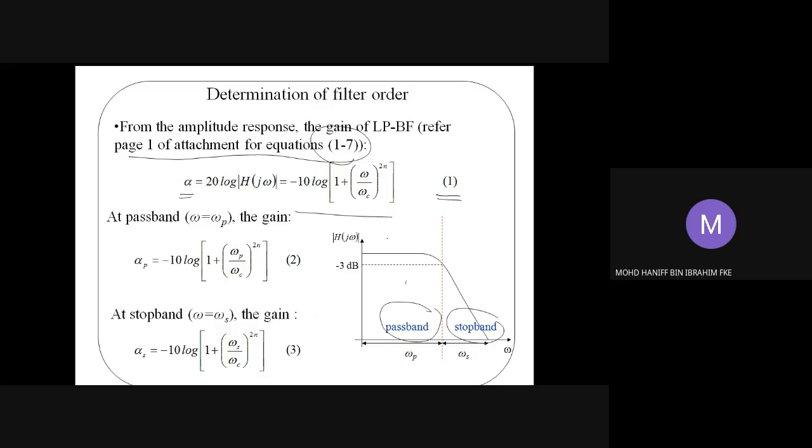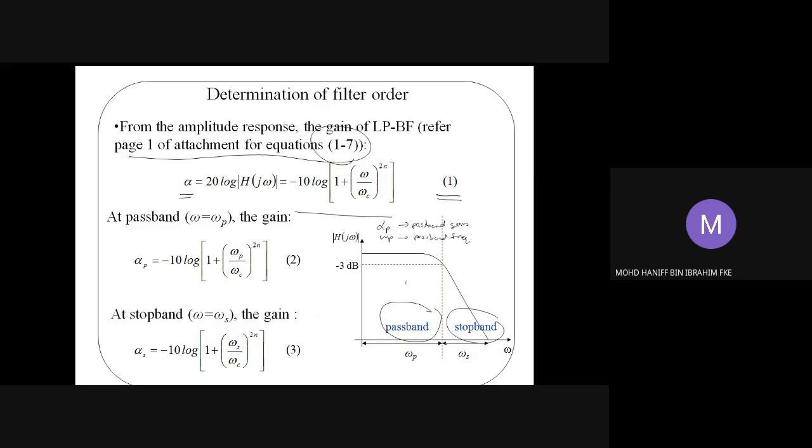Okay, so for the pass band, there are two important parameters, which are the alpha p, the pass band gain, and the omega p, which is the pass band frequency. We can refer to this diagram here, the amplitude plot of your low pass Butterworth filter.